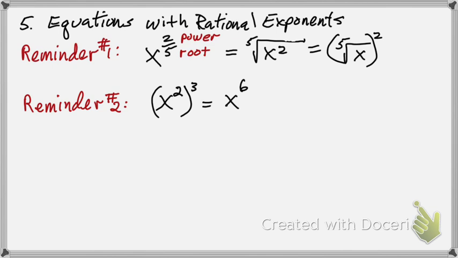It's saying if you've got a base raised to a power like x squared, and then you take all of that and you raise that to a power, in this case, cubing it, well, to get the result, you just multiply these two exponents. The 2 times the 3, and you get x to the 6th. You don't add them, you multiply them.